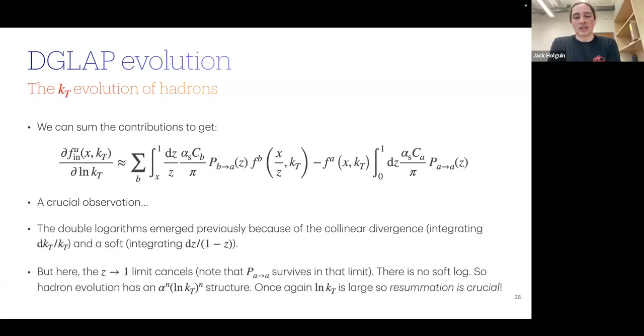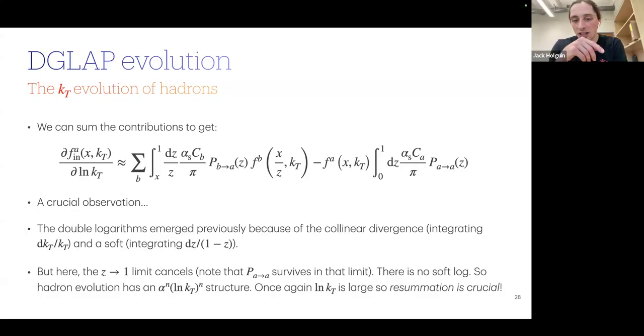But an important point to highlight is that previously, I said these splitting functions give us two divergences when kt goes to 0 or z goes to 1. In other words, when the emitted gluon becomes collinear to the parent quark, or when the emitted gluon has 0 energy.